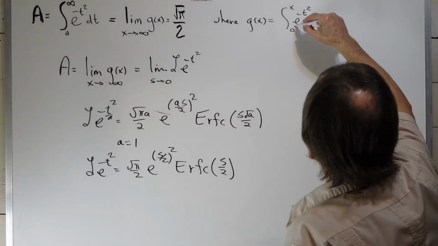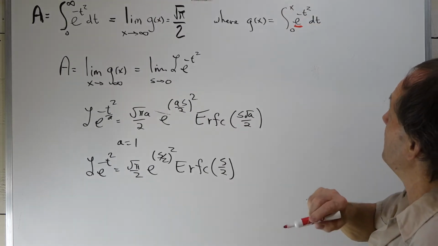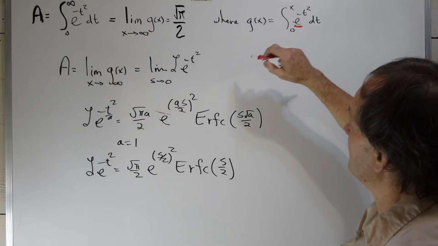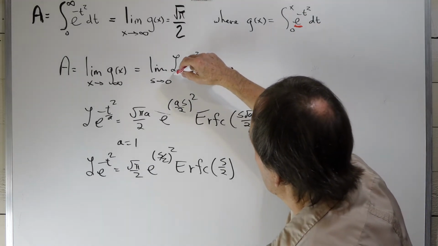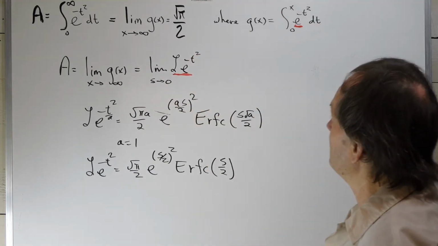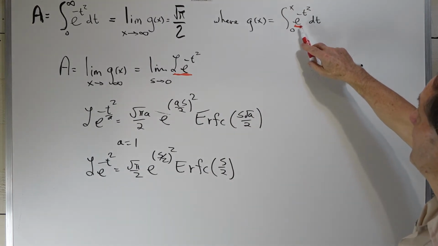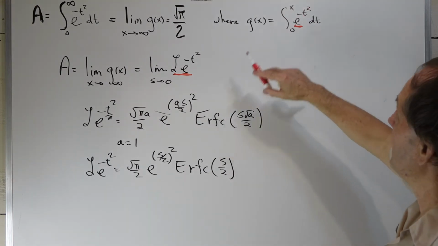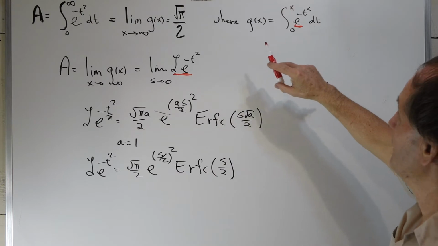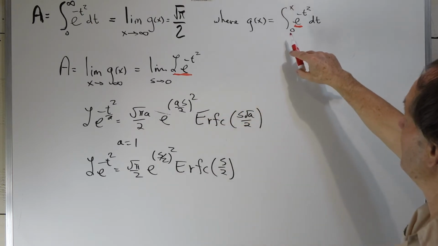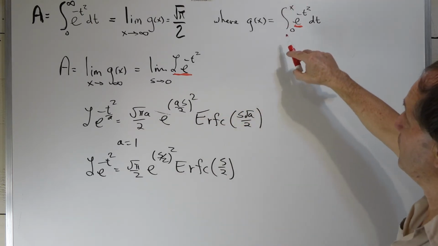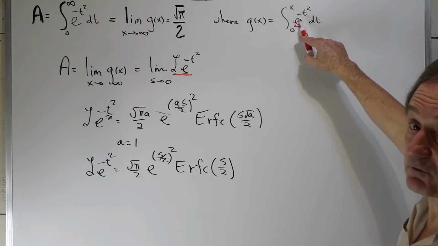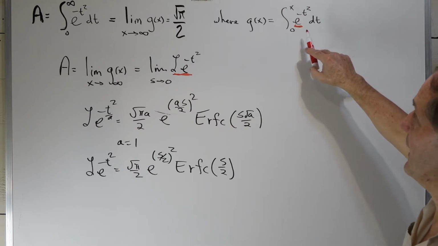So all we have to do is find the Laplace transform of the integrand of this integral. That's what we're doing here. We don't have to worry about the integral because we know that the Laplace transform of the integral is just the Laplace transform of the integrand divided by s.